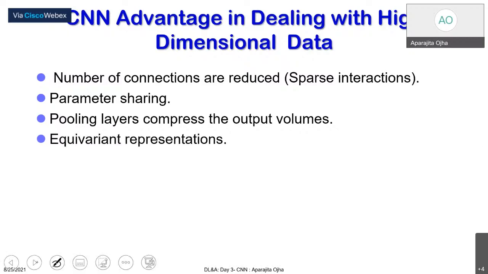Then they have one very interesting thing, that is equivariant representation. You'll ask me, what is equivariant representation? Suppose I say that something is invariant: it doesn't change, right? It doesn't change even after some action or some operation, like a convolution operation.